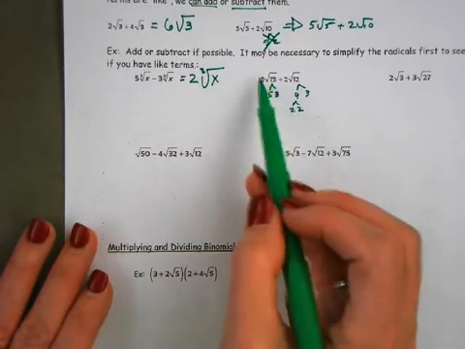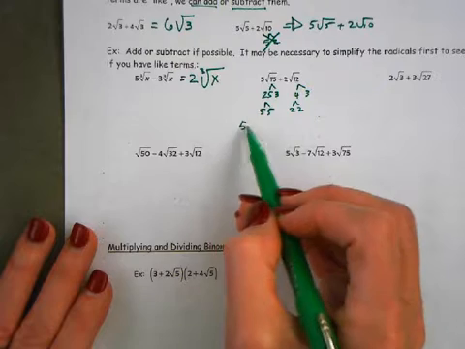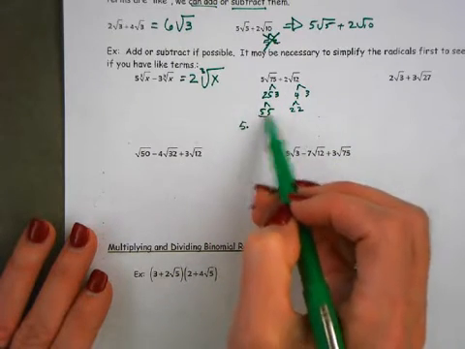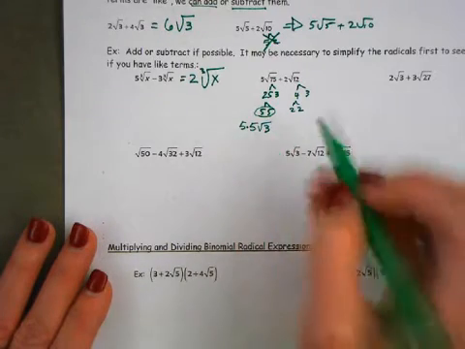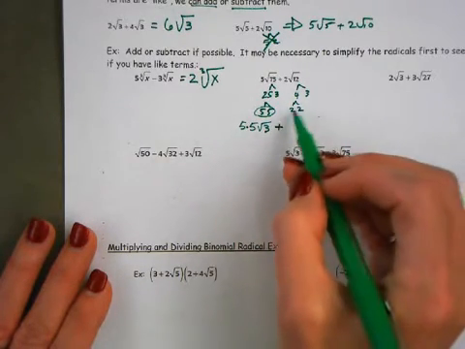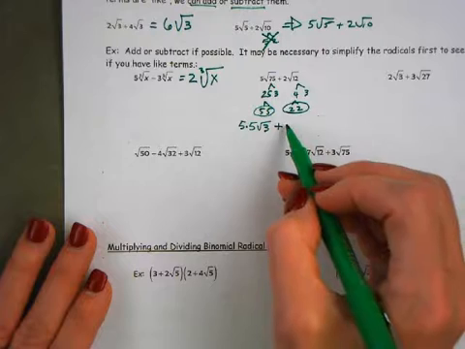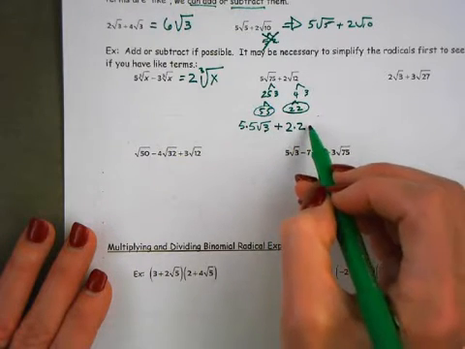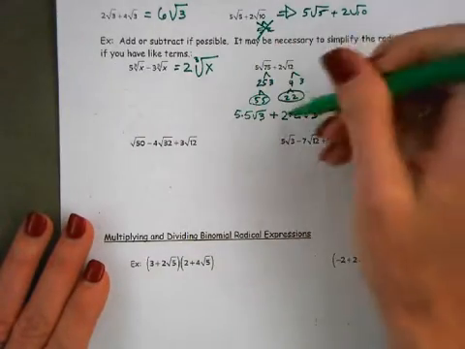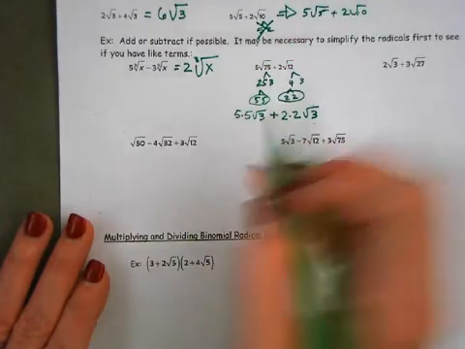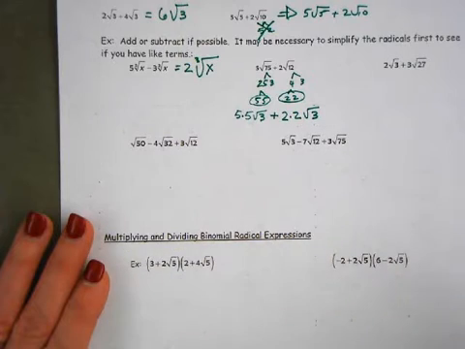So I can take the 5 square roots of 5. This becomes 5 times, okay, I have a 5 I can pull out here, square roots of 3. And then over here, I have a pair of 2's I can pull out, so I have 2 times 2, square roots of 3. Okay, so this 5 here and this 2 here are from what's already out there, and then I'm multiplying with what I pulled out.